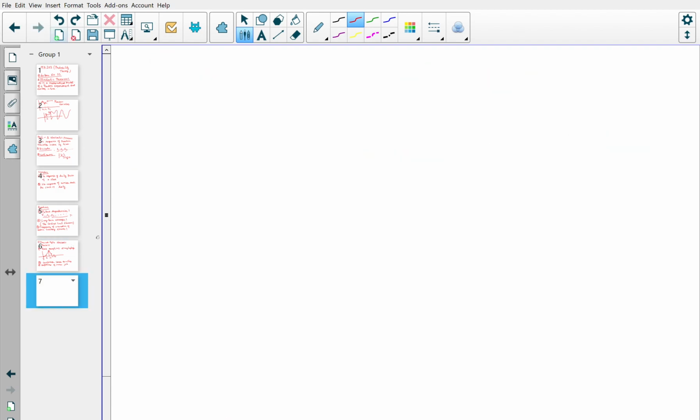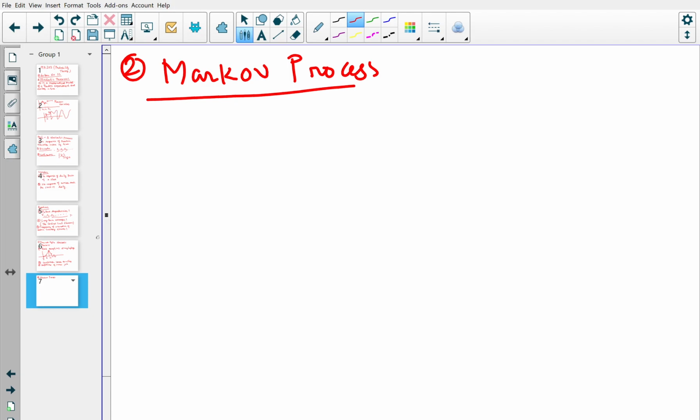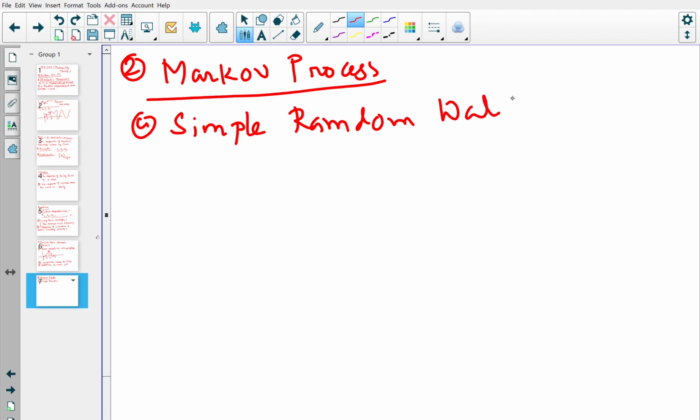And number two, the Markov process. One very important example is called the simple random walk, which I will describe later when we study Markov processes.